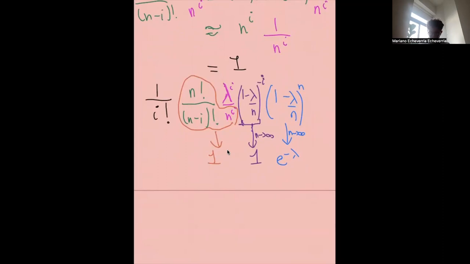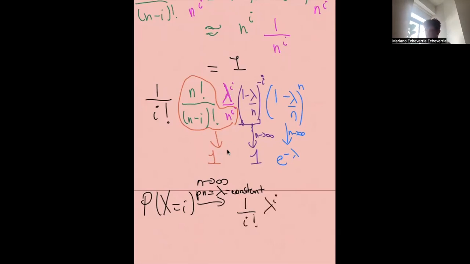So that means that the probability that x equals i in the limit as n goes to infinity, and again, p_n is like a constant, is giving you 1 over i factorial times lambda to the i times e to the negative lambda. And that's the Poisson random variable.